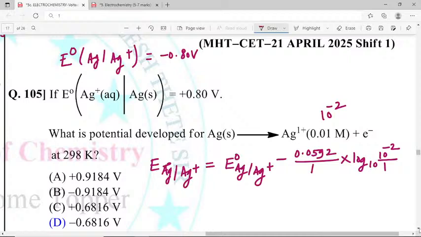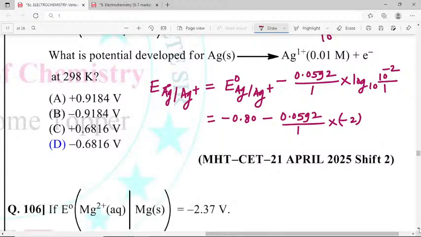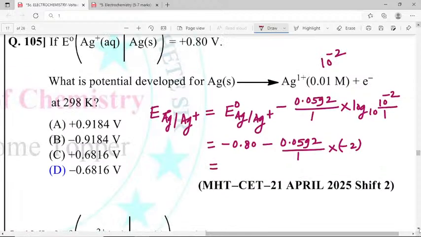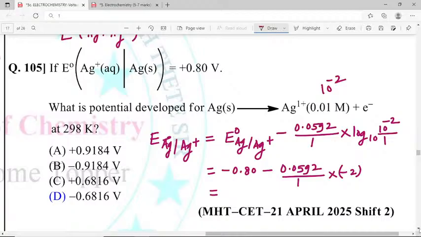So it is equal to E naught silver. So E naught silver minus 0.80 minus 0.0592 divided by 1 multiply by 10 to power minus 2, and log to the base 10 value is 1. So minus minus becomes plus. Solve it.